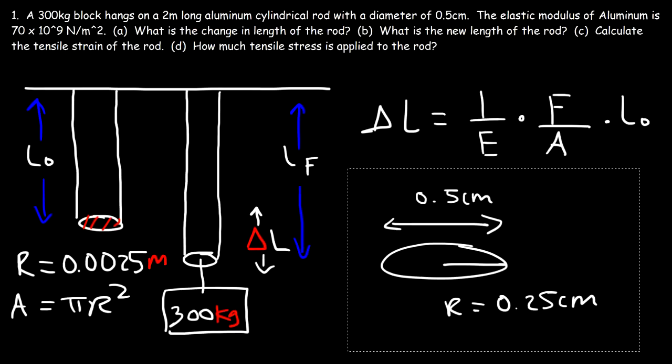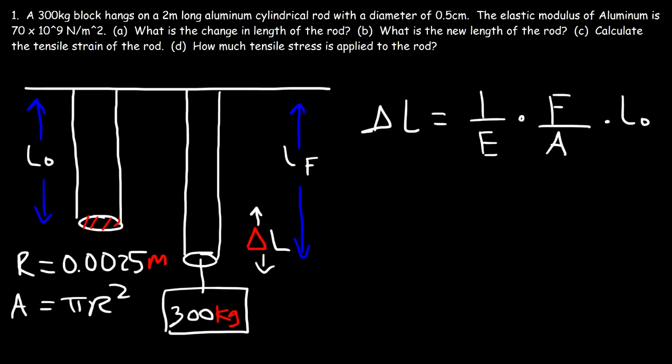So now let's plug in everything that we have. Also, what is the force exerted on the rod? That's the only thing that we're missing. And we have the original length of the rod, it's 2 meters. Now the force is basically the weight force of this object. It's equal to mg.